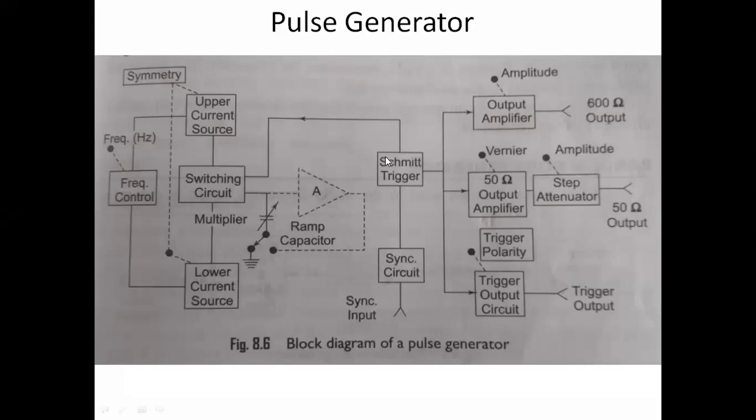This figure shows the block diagram representation of the pulse generator. The main blocks present in the pulse generator are the upper current source, lower current source, and switching circuit.